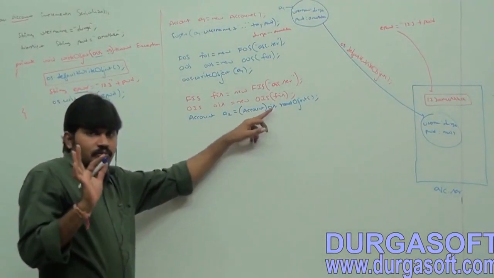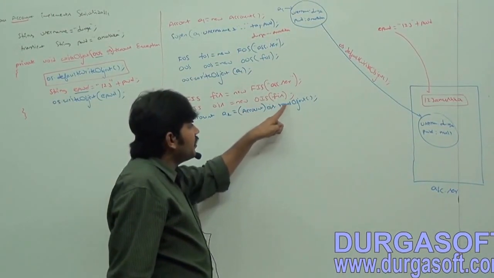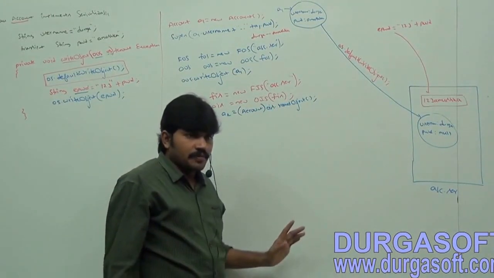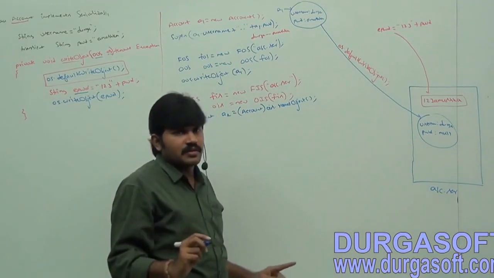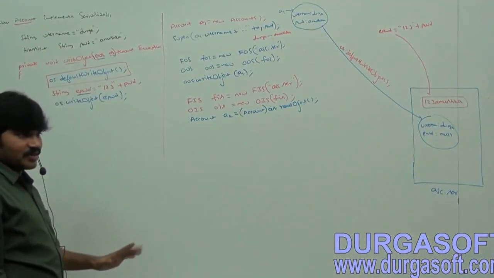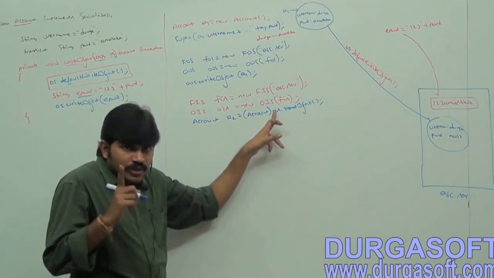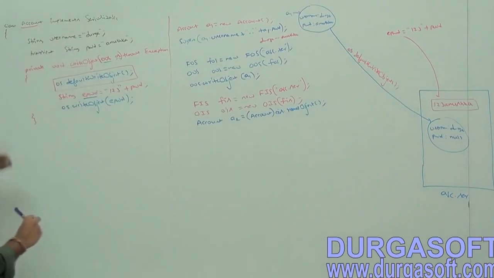Now take very special care. Whenever we are trying to deserialize an account object, immediately JVM will check whether the readObject method is there or not in the account class.